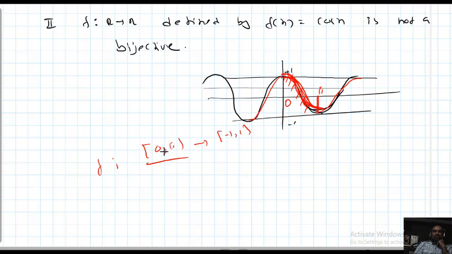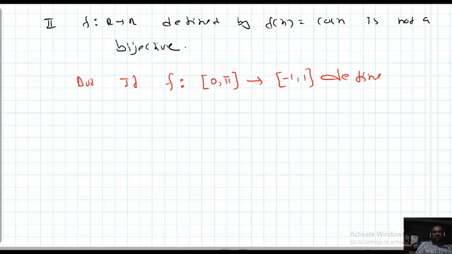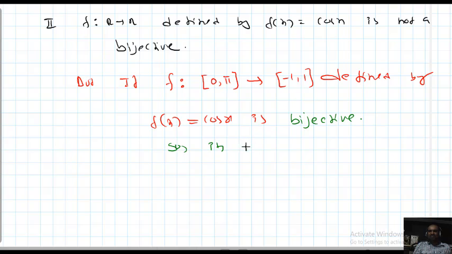So f maps closed 0 to pi to minus 1 to 1 defined by f of x equal to cos x is invertible, bijective. Then afterwards you can find its inverse. So its inverse exists.